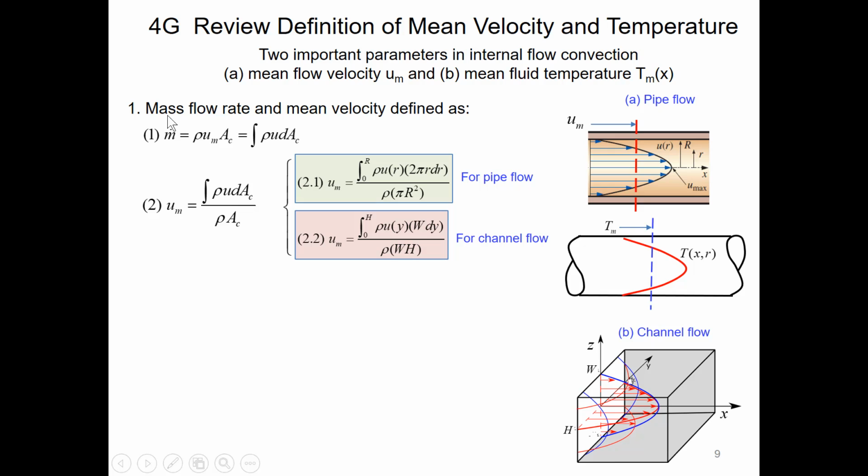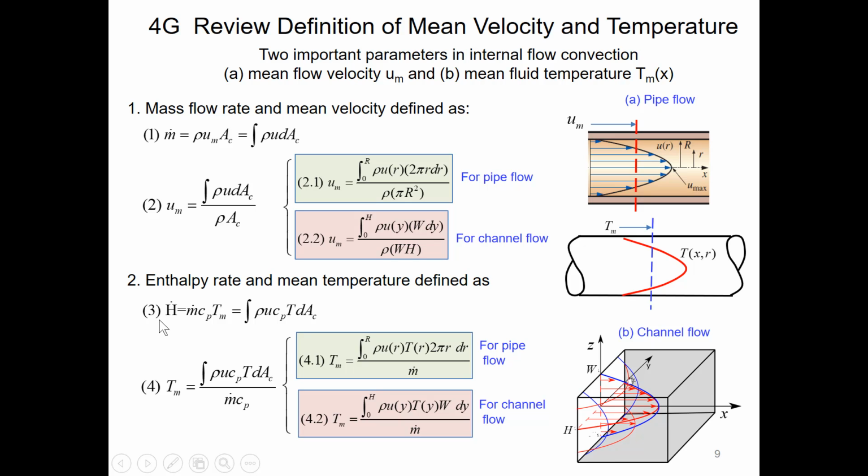First, the mass flow rate m dot is defined as density times mean velocity times cross-section area. From the definition of mass flow rate, we can define the mean velocity, um, and it can be calculated from the integral of velocity profile over the cross-section area divided by the area of the cross-section.